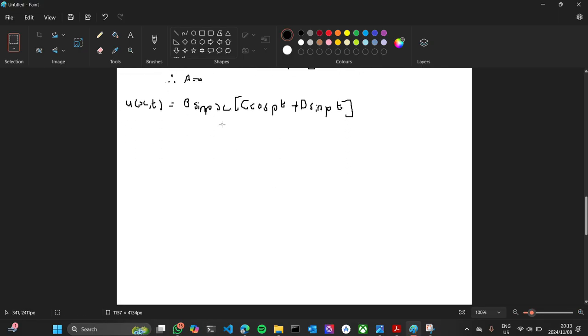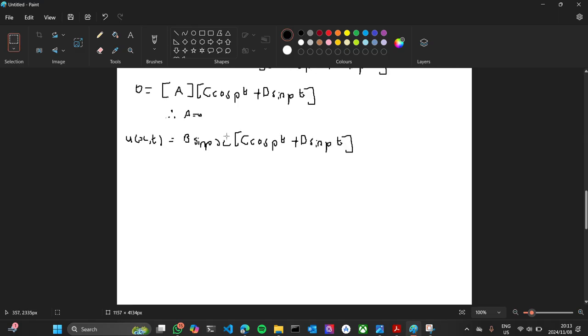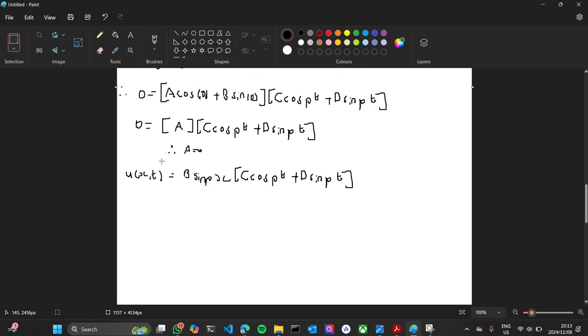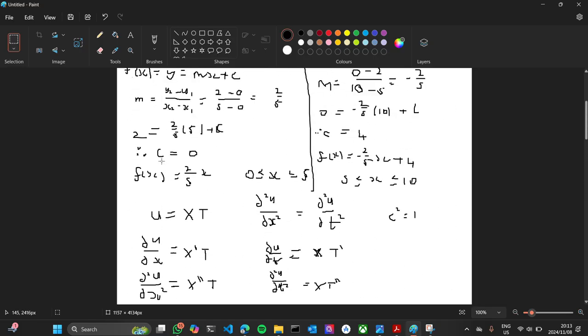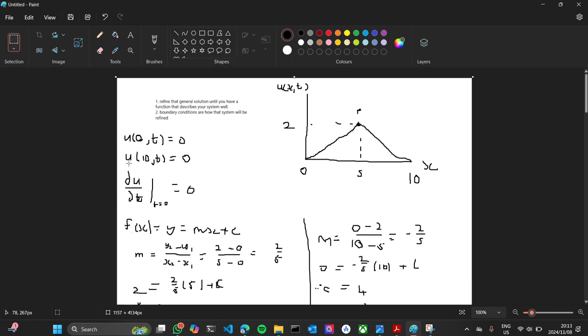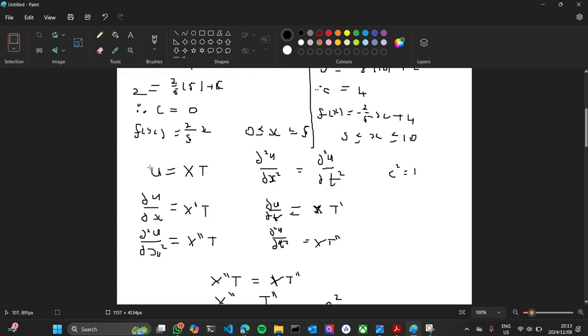Okay. So now this is a more refined solution that we've got. So we're gonna keep doing that now until we run out of boundary conditions and we have this thing refined to the best that we can have it. So the next one, I said we were using the first pair. So the next one now is evaluating when x is 10.